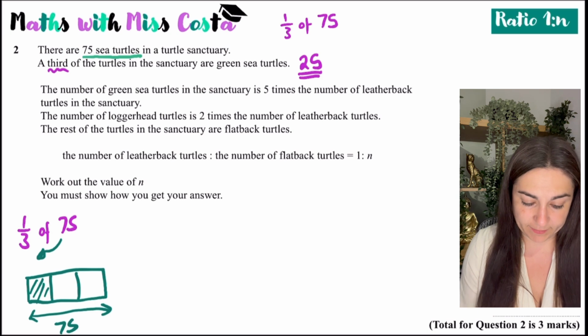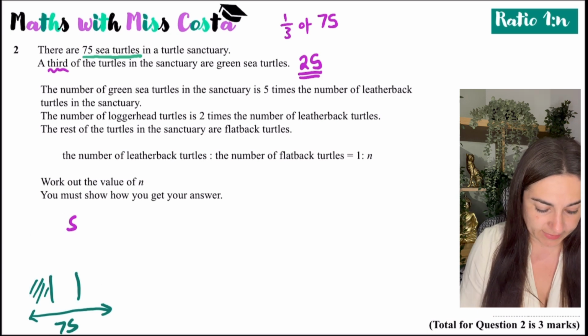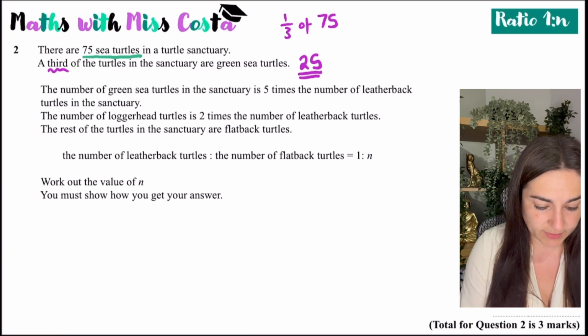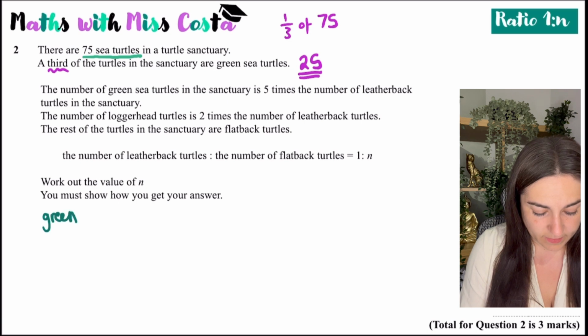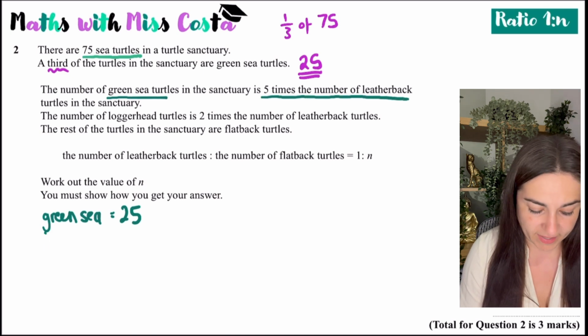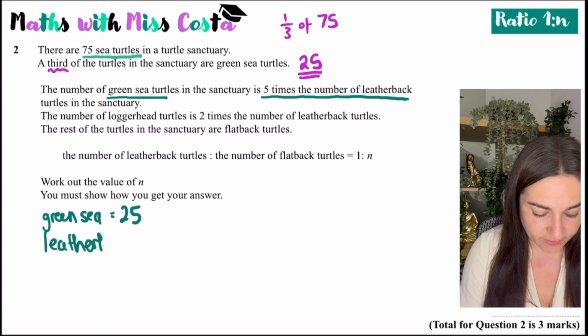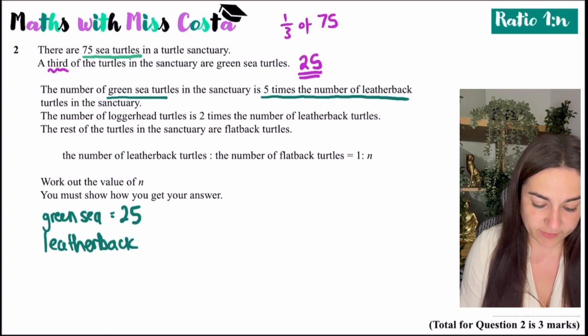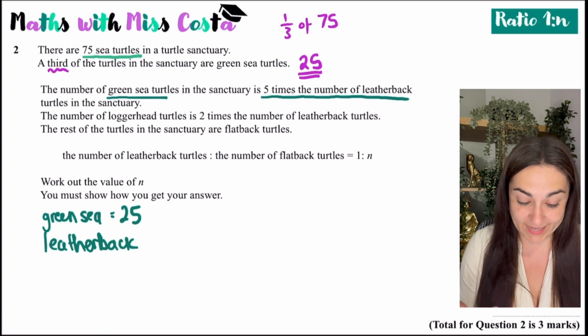Okay, so that's the first bit of information I know. So I know that green sea turtles are 25. Then I'm told the number of green sea turtles in the sanctuary is 5 times the number of leatherback turtles. So I know that the green sea turtles are 5 times as many as the leatherback.